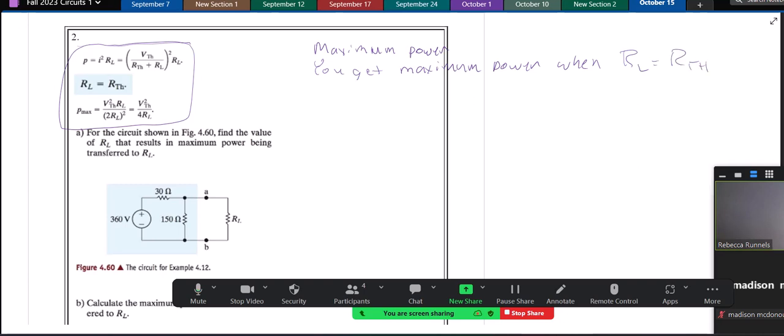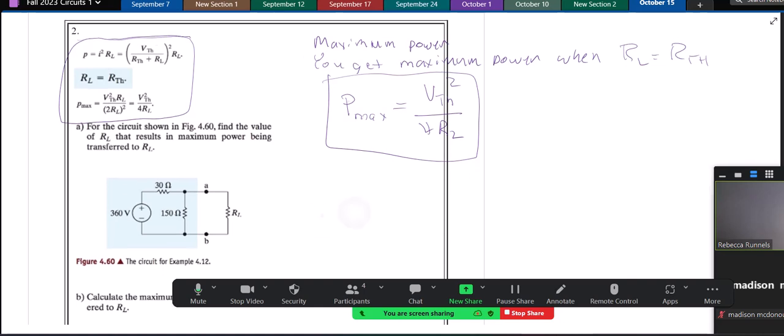So when whatever load you're applying with the resistor has the same resistance as R Thevenin, then that's when you get maximum power. And what is that maximum power? The maximum power is equal to V Thevenin squared over 4RL. So that's just a handy formula to use.